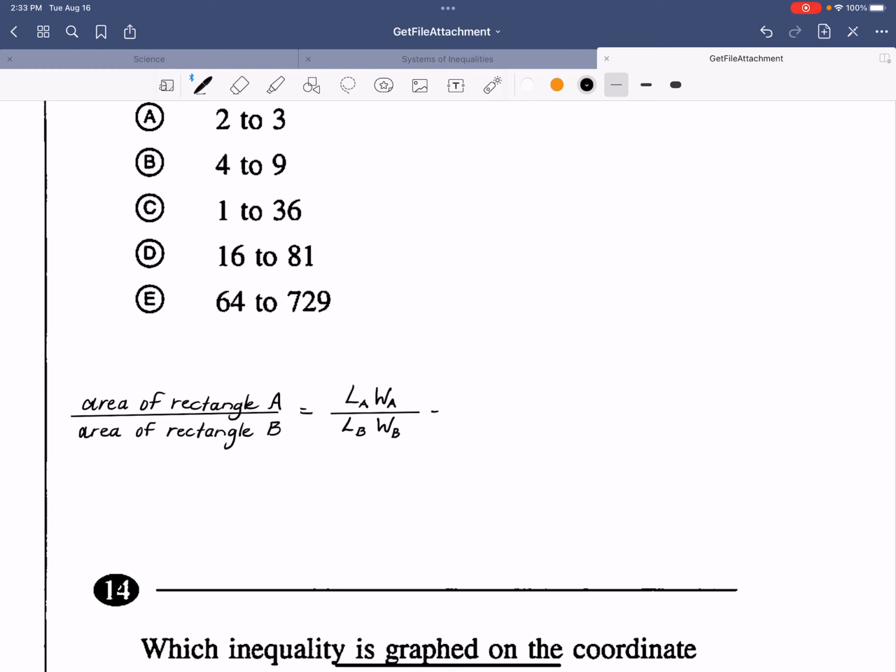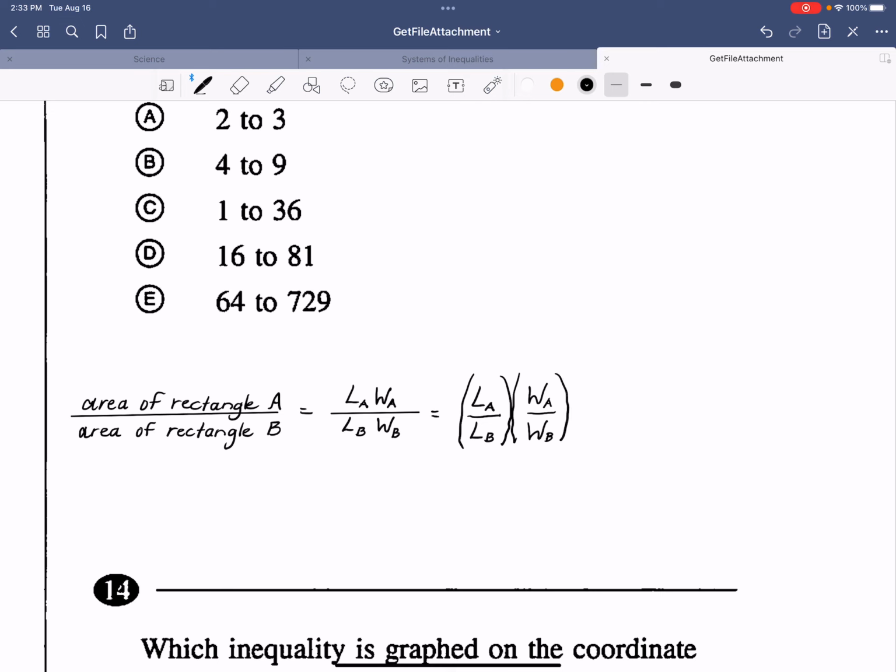So then I'm going to go ahead and split the dimensions so that I have the two lengths being compared. And I'm going to put that in parentheses so I can separate it from the two widths being compared.